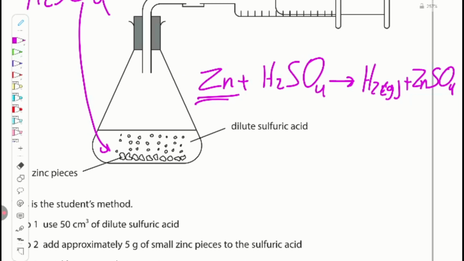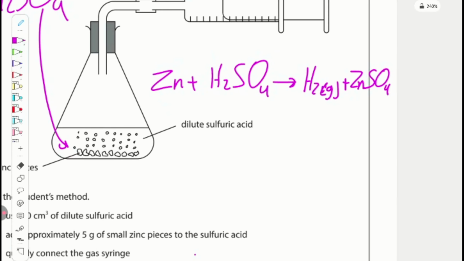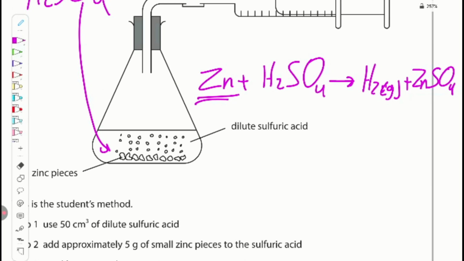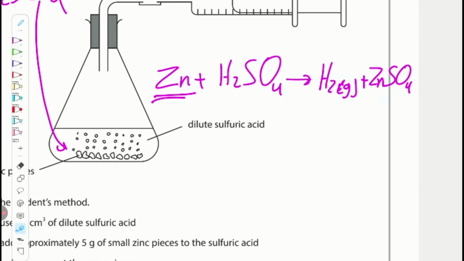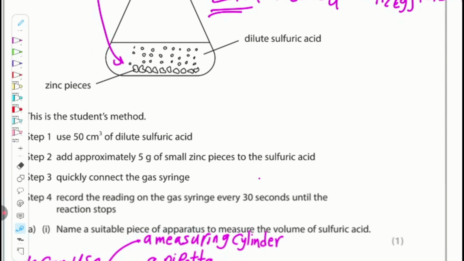So the zinc here is solid and it's in excess. Let's not forget this piece of information about zinc because it's very important. The reaction, as we see here, is Zn, which is in excess, with H2SO4, produces hydrogen and zinc sulfate.